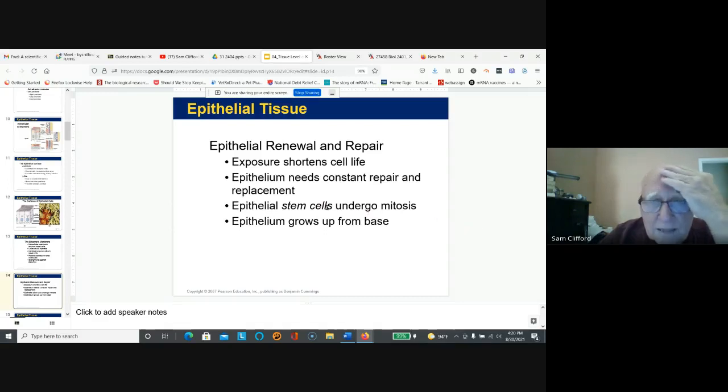Your skin is constantly renewing and repairing. The lining of your gut, your skin, the cutaneous membrane: epithelial stem cells are undergoing mitosis, producing new cells to repair and replace, and epithelium grows up from the base.